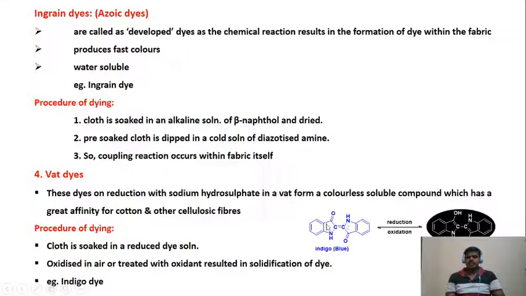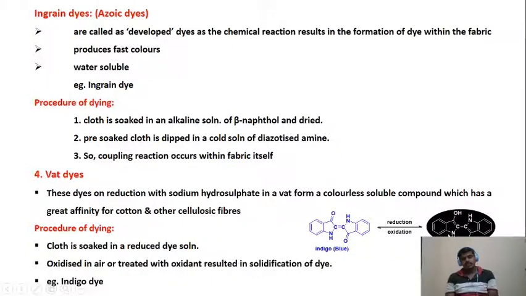The indigo blue color is produced on the cloth. Indigo is solid, so you can't rub the cloth onto the solid. You have to make a solution, and for that you reduce this compound to indigo white, which is colorless.